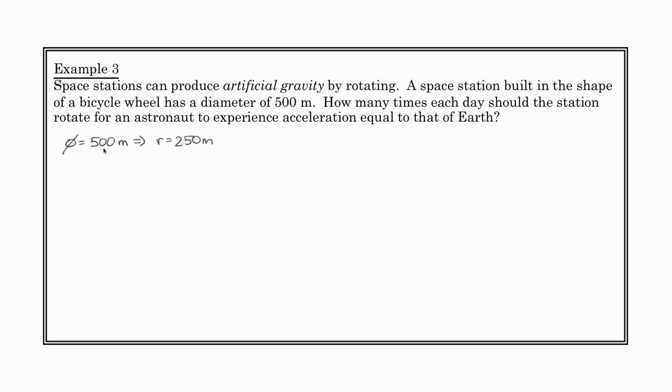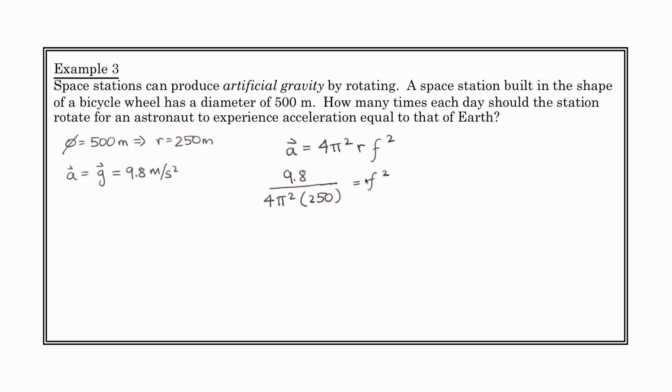So we have a diameter of 500 meters, which gives us a radius of 250 meters. We want a centripetal acceleration that's equal to gravity, 9.8 meters per second squared. We'd like to find out how many times each day, so we're looking for the frequency. How many rotations each day should we get to equal this acceleration?